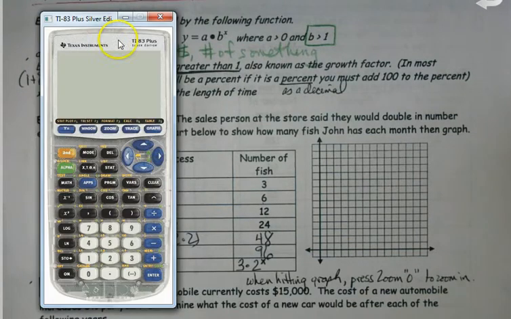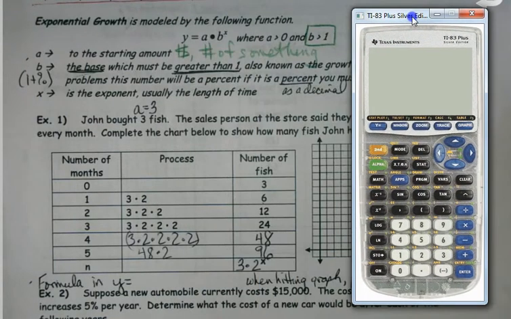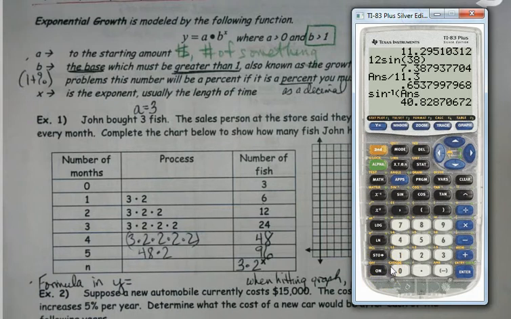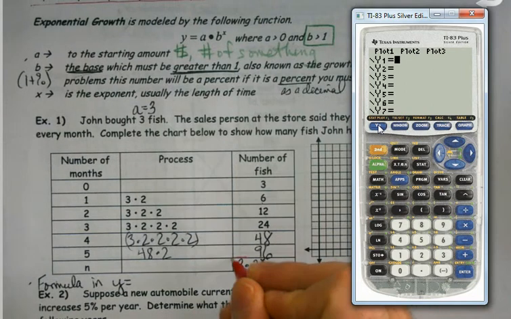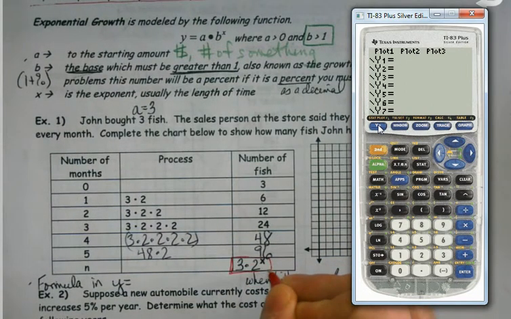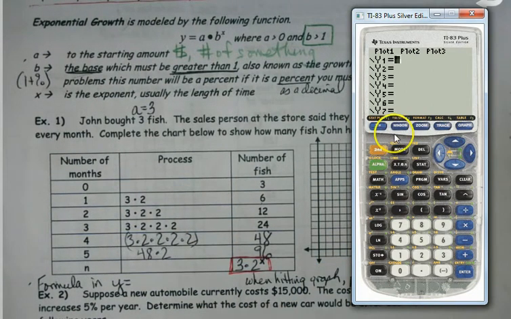Now again, this is going to take a little time to get used to, but here's how this is going to work. Once I get the calculator on, I'm going to go to y equals, because we're going to graph this. So once I get to y equals, this little formula that we just got is what I'm going to type in.